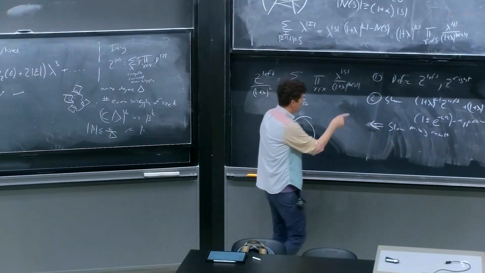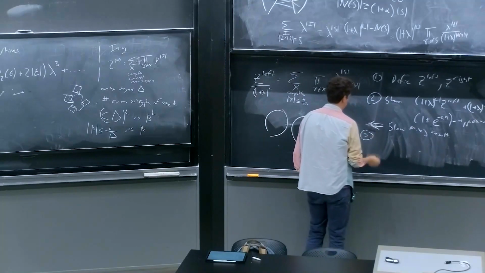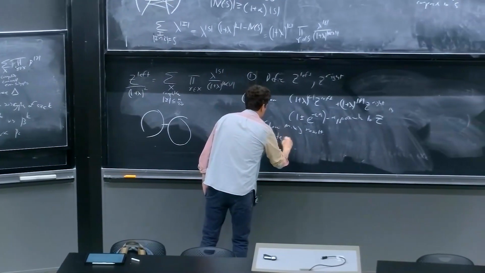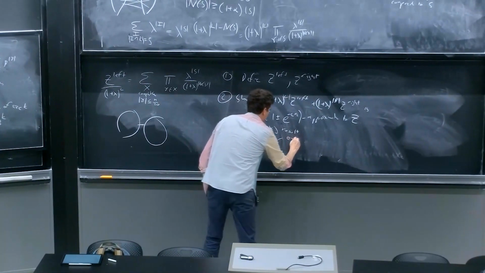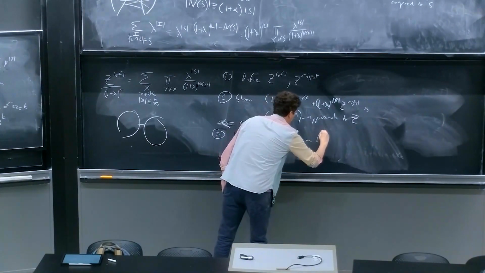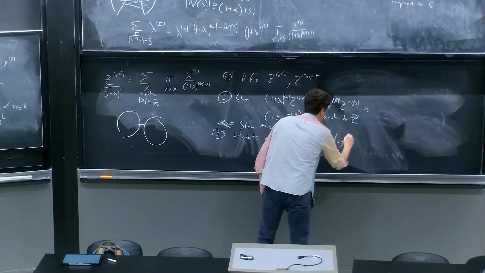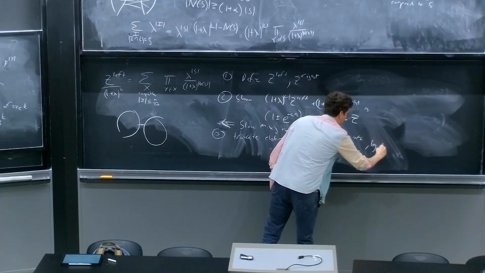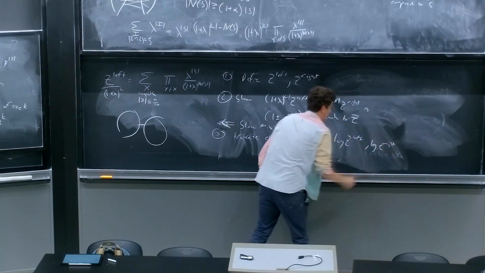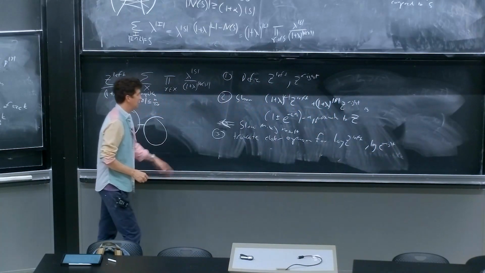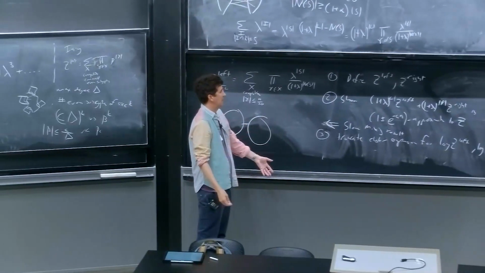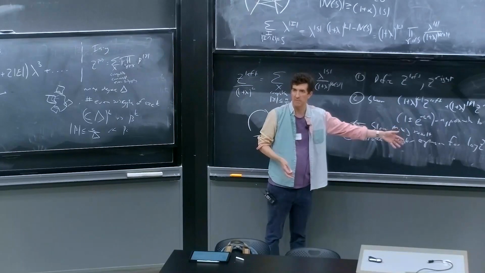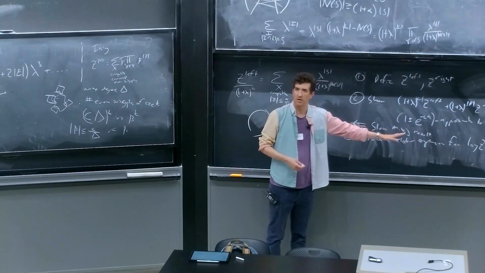So you prove that, and then step 3 is you truncate the cluster expansion for log Z left and log Z right. This gives you a polynomial time approximation algorithm for Z. You can convert this into a sampling algorithm, and so on.